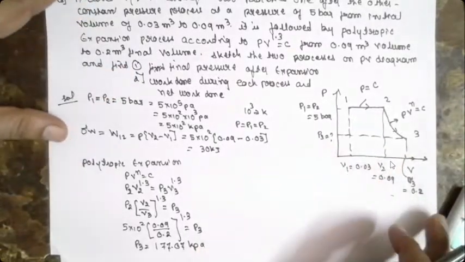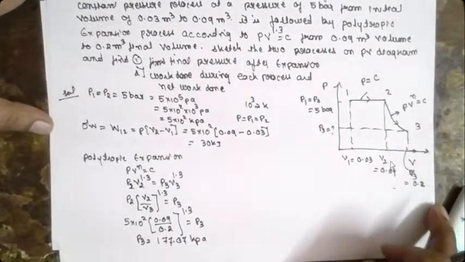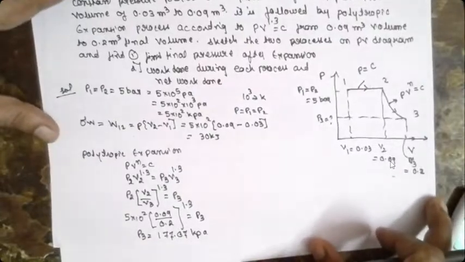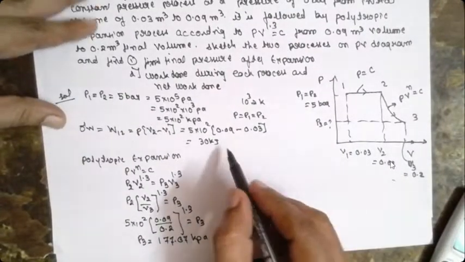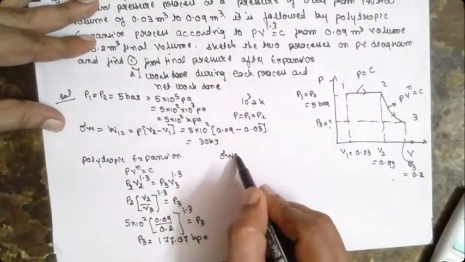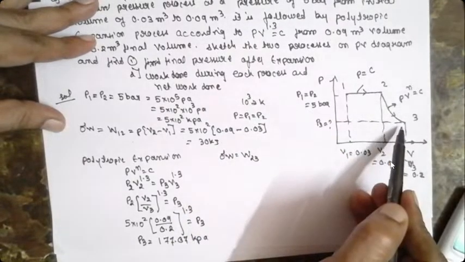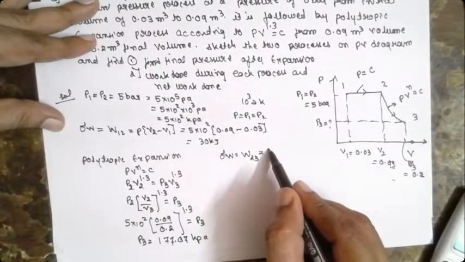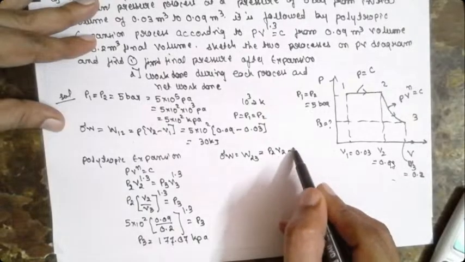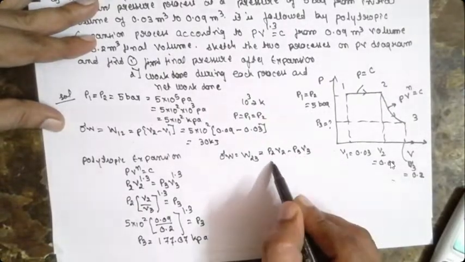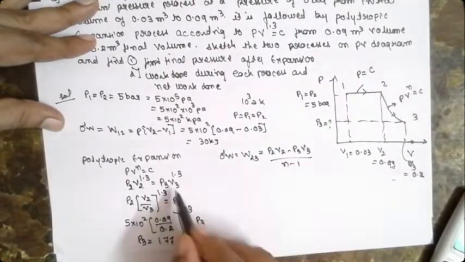We need to find out the work done with respect to the polytropic process. The formula for work done in a polytropic process, W 2,3, because we are referring to state 2,3, is equal to P2 V2 minus P3 V3 divided by n minus 1.